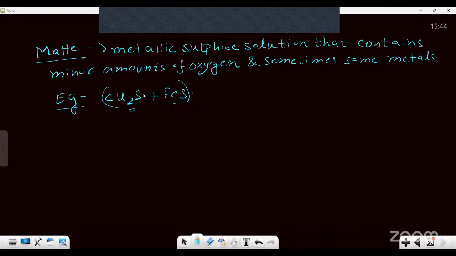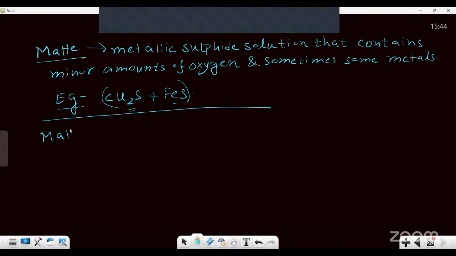Now, if I talk about matte, I should talk about one of its properties.